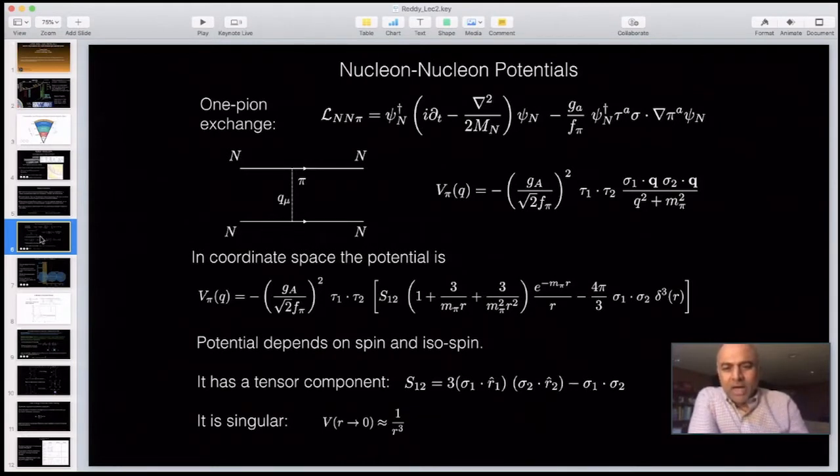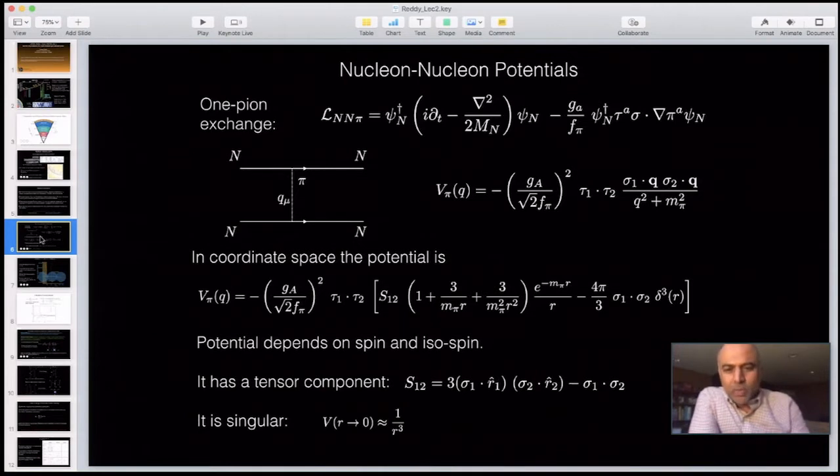What is more significant is to notice that there is a Yukawa-like term, which is e to the minus m pi r over r. So that is something we are very familiar with. Whenever you exchange a heavy particle between fermions, you get a function like that.